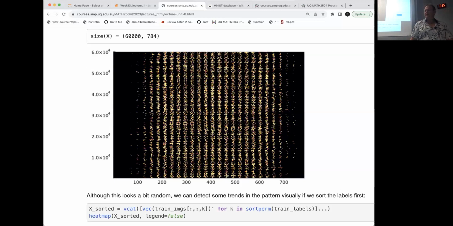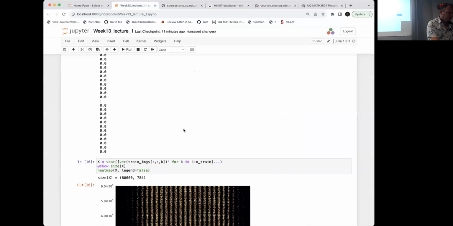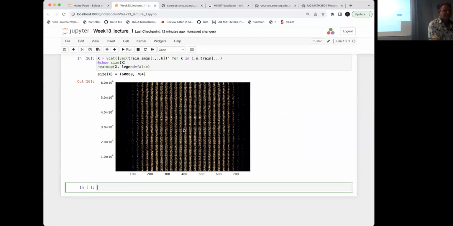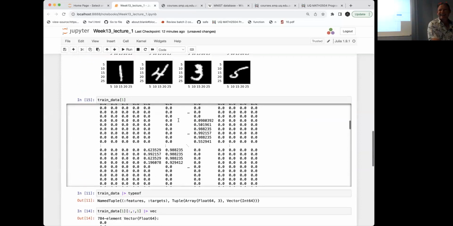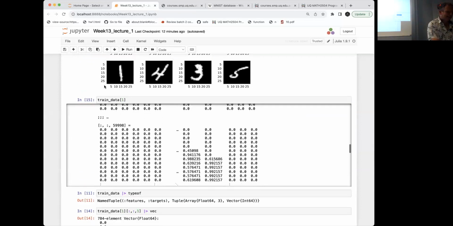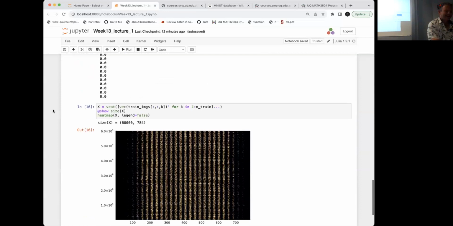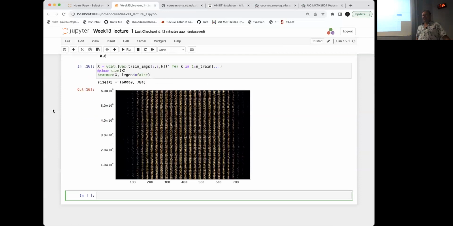So what's this pattern that you're seeing? Why are we seeing it? Look at the images and just think a second.